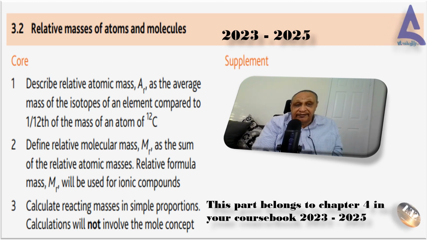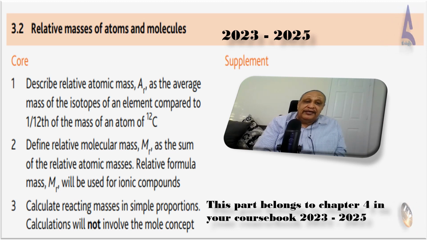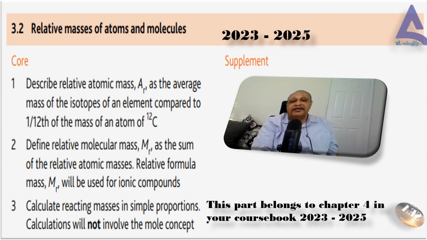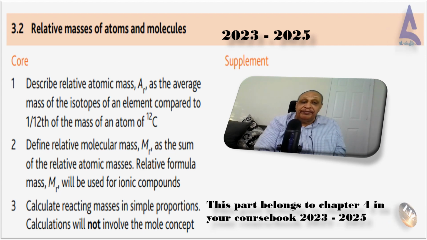in the previous episode. And in this episode, we are going to deal with the Mr, which is the relative molecular mass as the sum of the relative atomic masses, and relative formula mass, Mr, which will be used for ionic compounds.